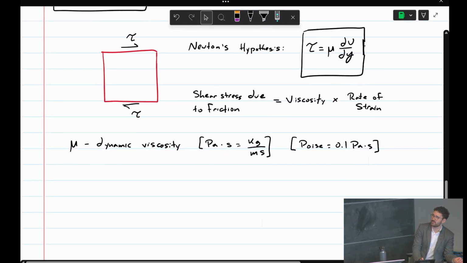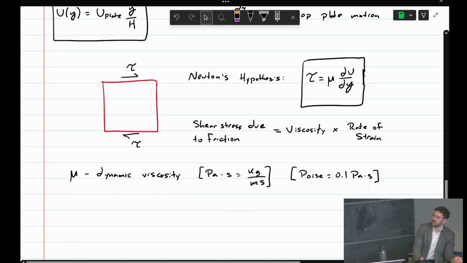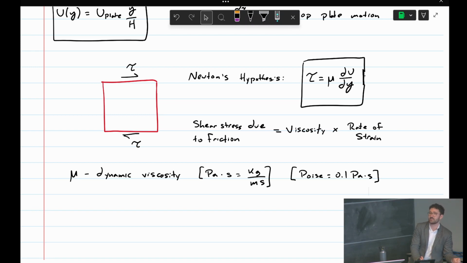Are there any questions about Newton's hypothesis? Or maybe questions about dynamic viscosity? Yes, please. Do we consider viscosity in the 2D and 3D cases? That's a very good question. In this course, we're only going to do this case, where we only have variation in basically the y coordinate. In general, Newton's hypothesis isn't for this very simple case.